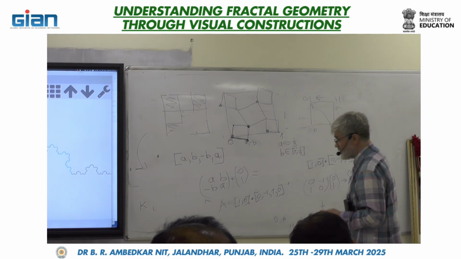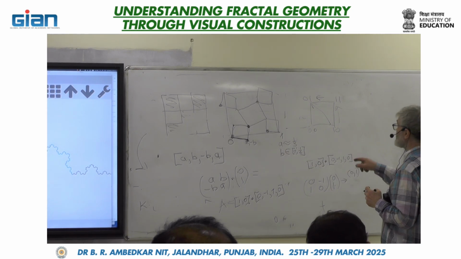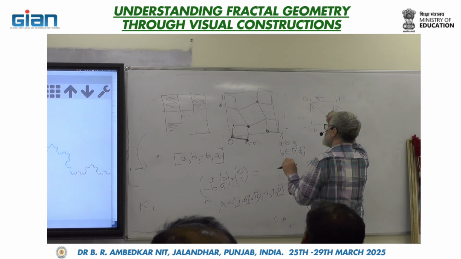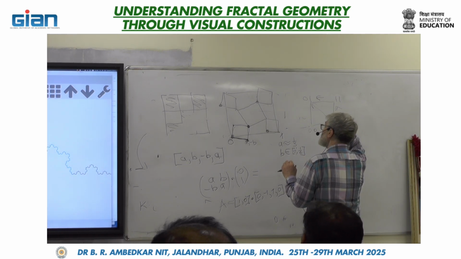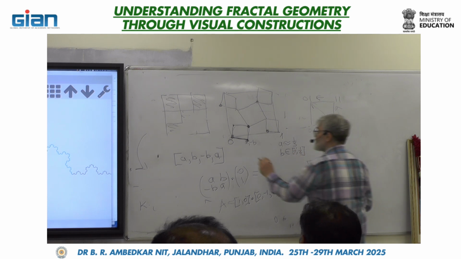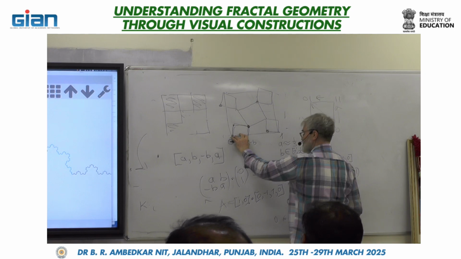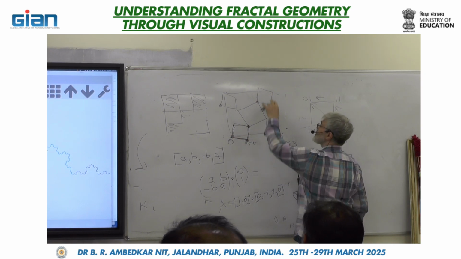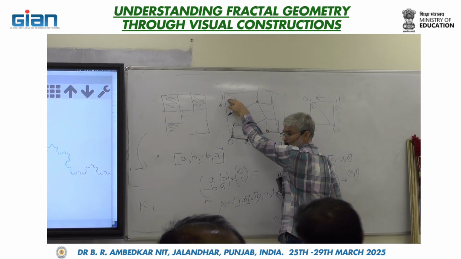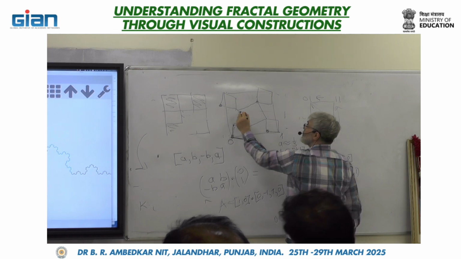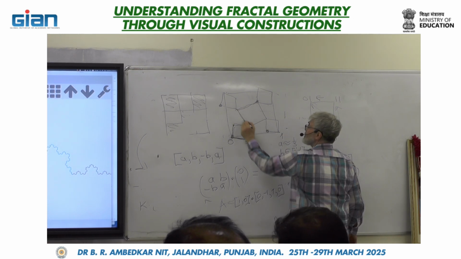So I define this operator A. So we defined this rotation, then apply operator A, we apply these 4 squares, right? using symmetry, but we need to define this one.